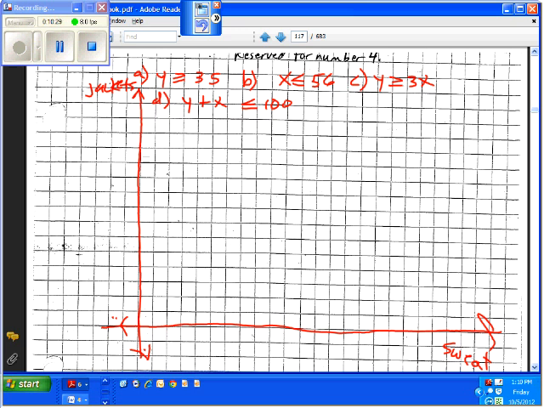What is the maximum number of sweatsuits? 56. So we can grid this out however we want. Maybe we would do 5, 10, 15, 20, 25, 30, 35, 40, 45, 50, 55, 60. X is 56 or less, so we just wanted to make sure we got bigger than 56.